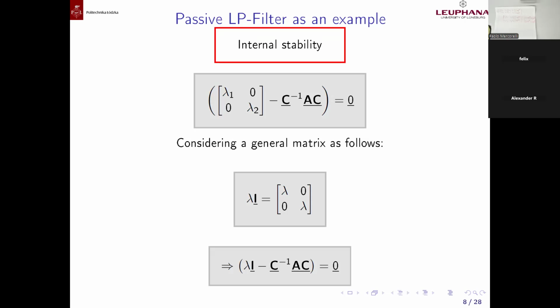The idea is to find when this equation is satisfied with C not trivial, with C not zero. And I don't know if you remember one condition.